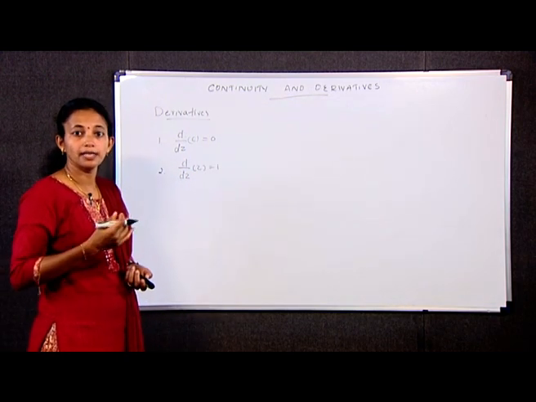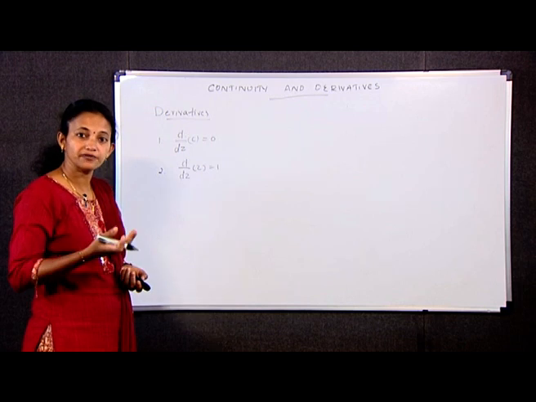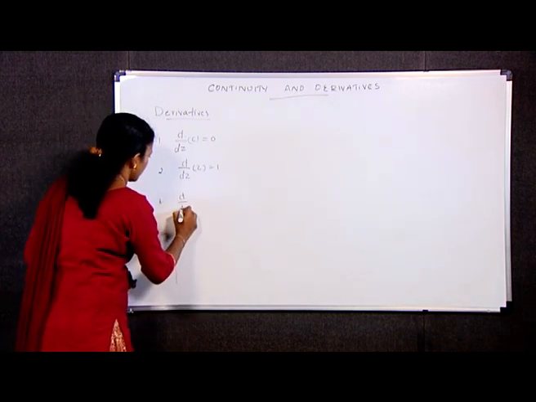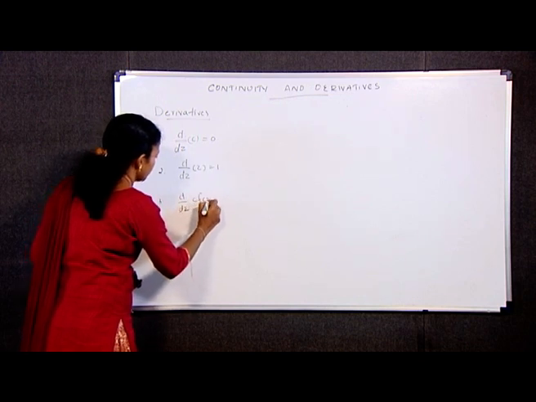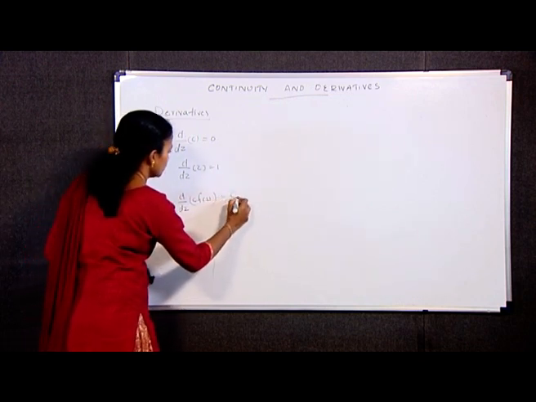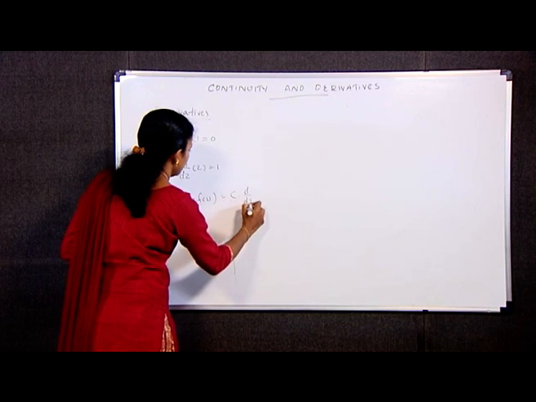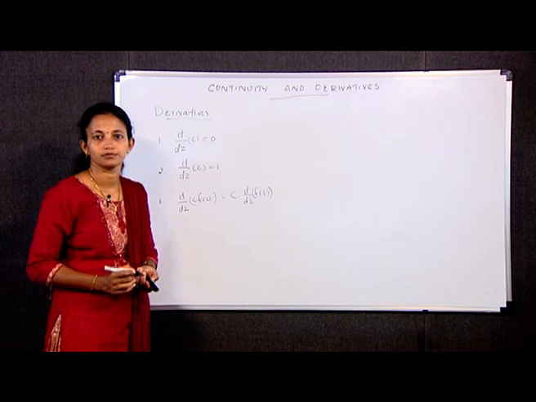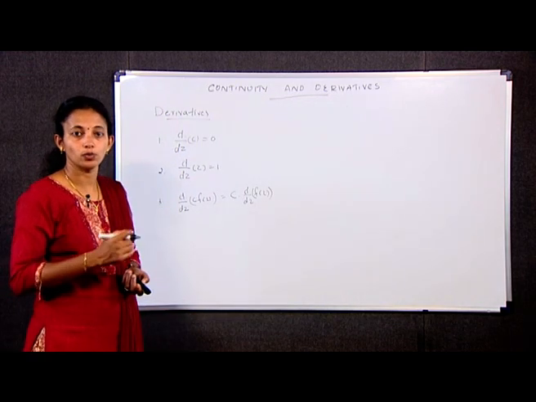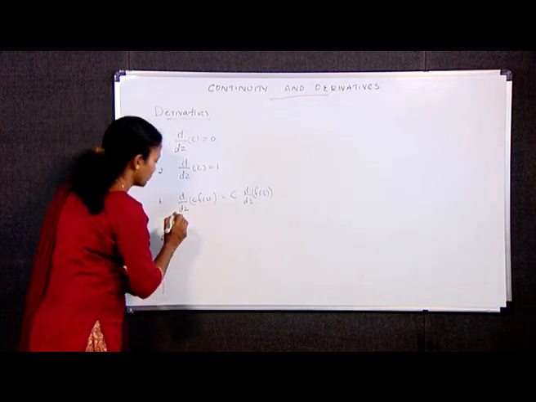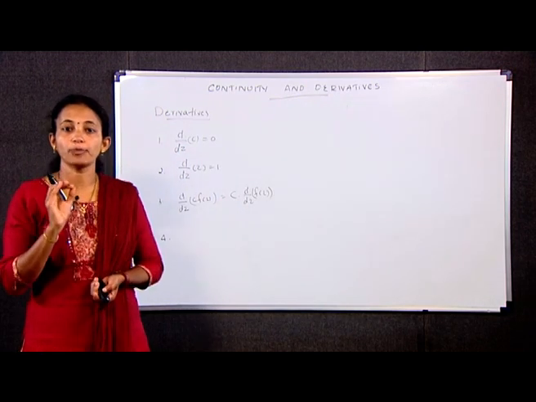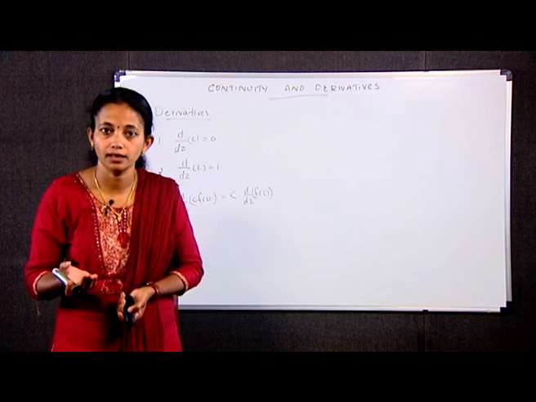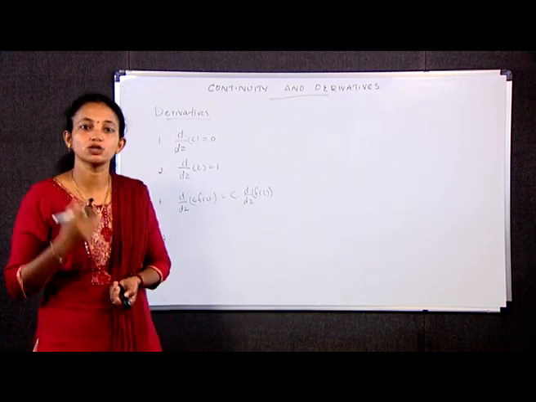Next we have d by dz of c f(z) is equal to c into d by dz of f(z). And the fourth one, if n is a positive integer, d by dz of z raised to n is of course n into z raised to n minus 1.